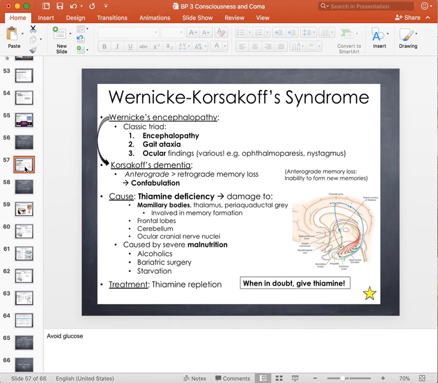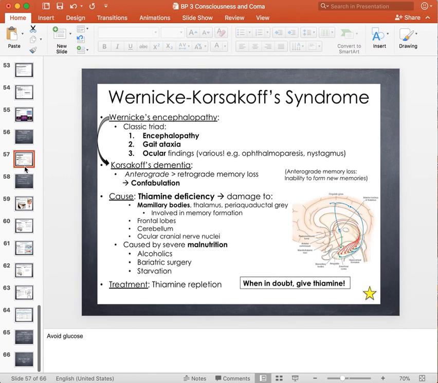Wernicke-Korsakoff syndrome is really two different syndromes. There's Wernicke's encephalopathy, which is clinically defined by the classic triad of encephalopathy or confusion, plus an ataxic gait, and a variety of different ocular findings, so impaired eye movement or nystagmus, especially if it's vertical.